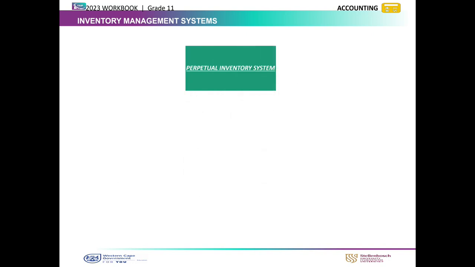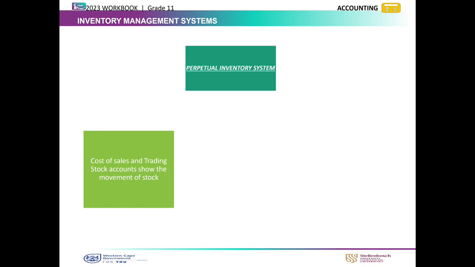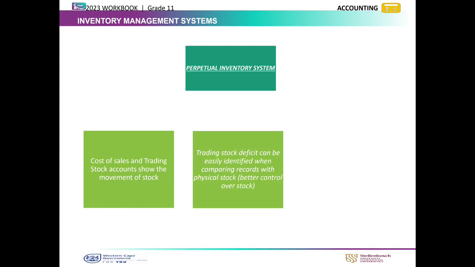Again, for the perpetual inventory system, the cost of sales and trading stock accounts show the movement of stock. A trading stock deficit can be easily identified when comparing records with physical stock, and cost of sales is determined at the point of sale based on the markup percentage.